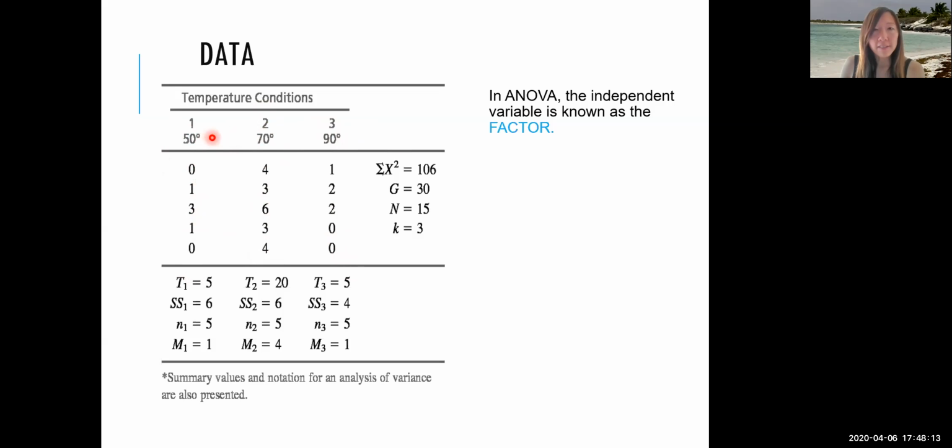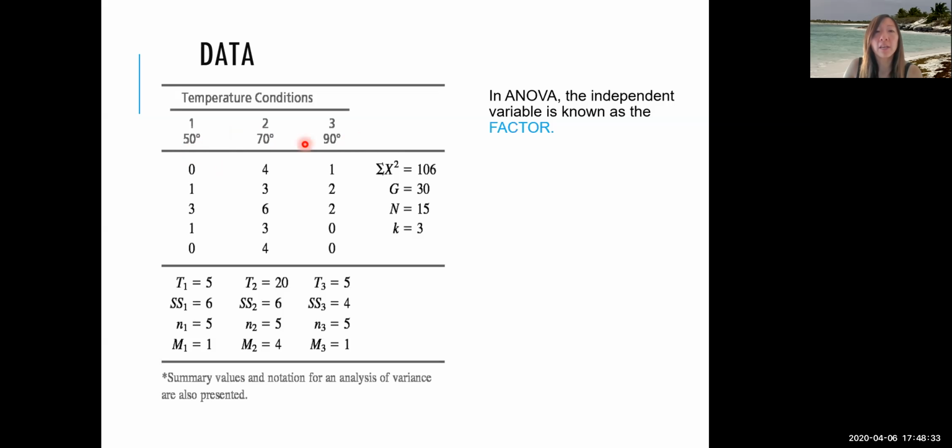So that is the variance between groups, okay? In other words, I'm using the variance between these groups. I am looking at the between group differences, but I'm also looking at the within group differences, okay?